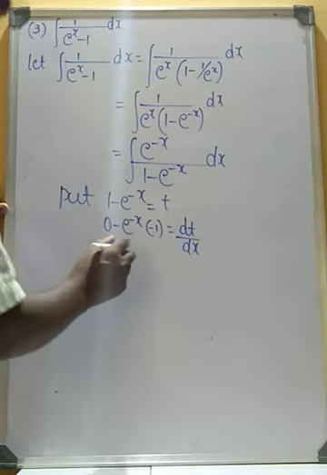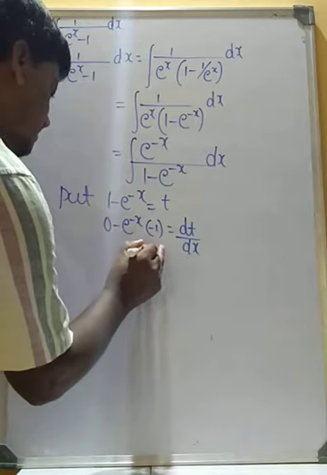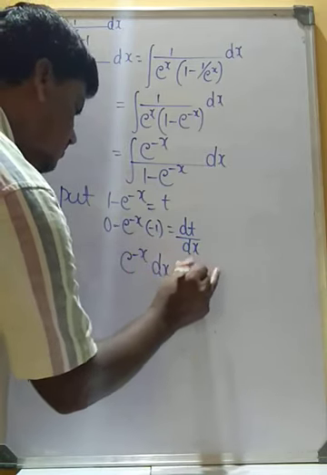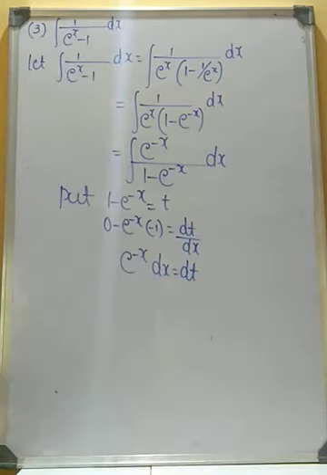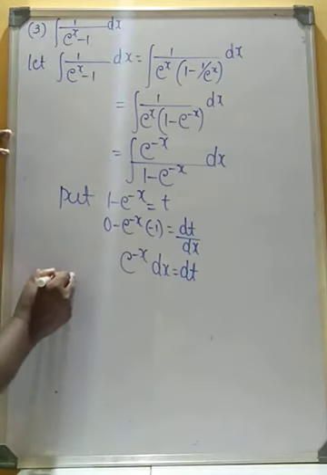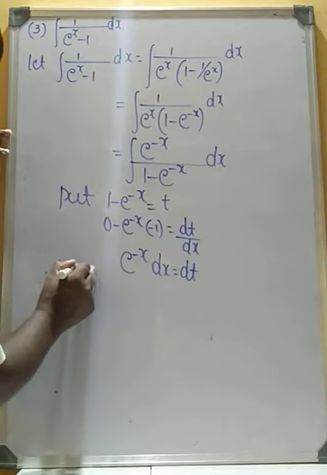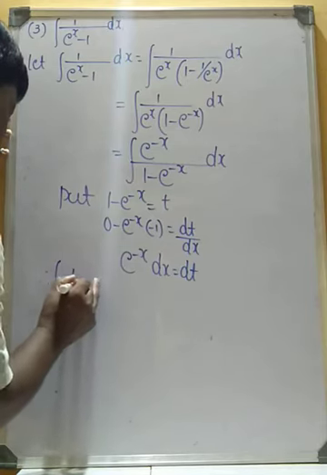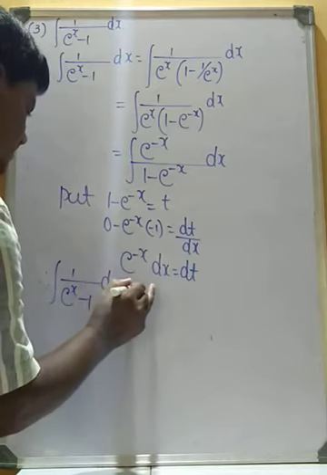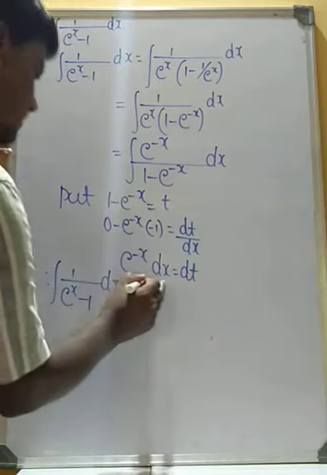Minus into minus becomes plus, so e power minus x into dx is equal to dt. So substitute in the given integral.